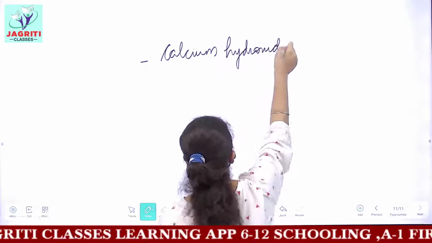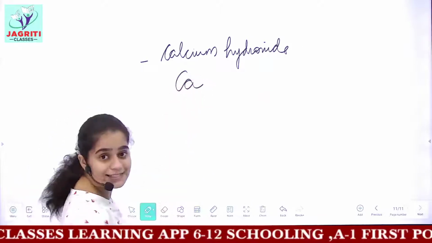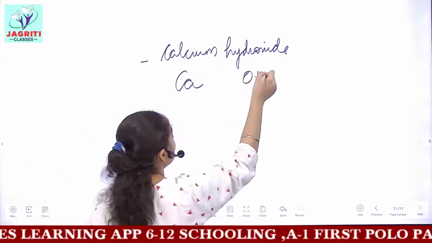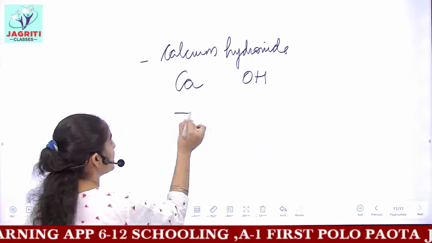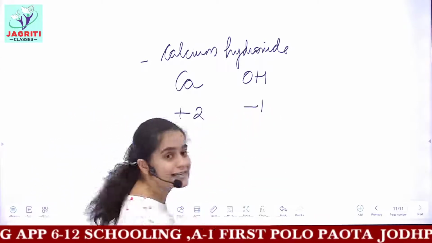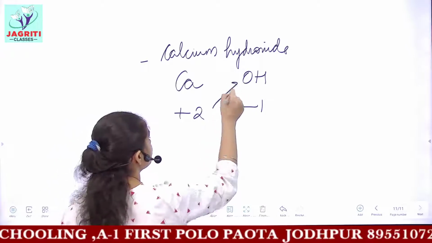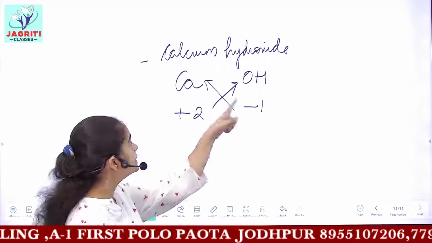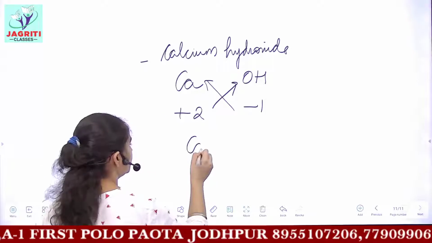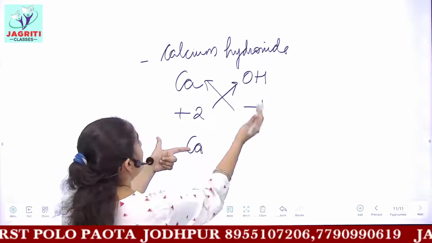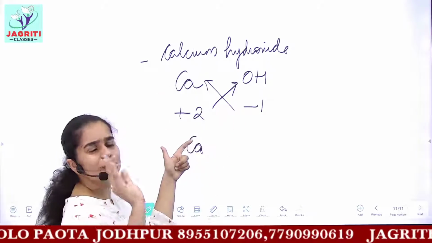The symbol of calcium is Ca. The symbol of hydroxide is OH. And their charges are +2 and OH has a -1 charge. And if you cross multiply both these charges, Ca would be 1. So there is no need to write the 1. We do not include 1 or plus minus in the formula.